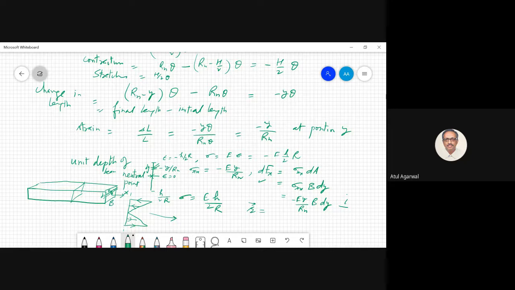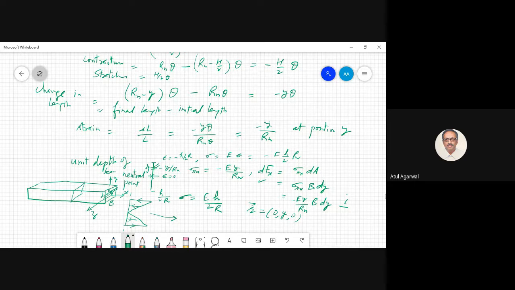The x coordinate takes as 0, y coordinate is y, and what is your z coordinate? Again that you can take as 0. Suppose this is a coordinate system. So at this cross section, x is 0 everywhere, z is 0 in the middle of the strip, and you are having same y for the entire strip. So 0, y, 0.